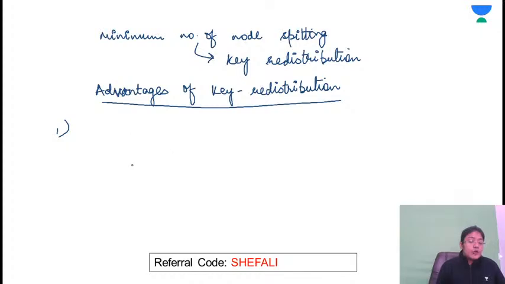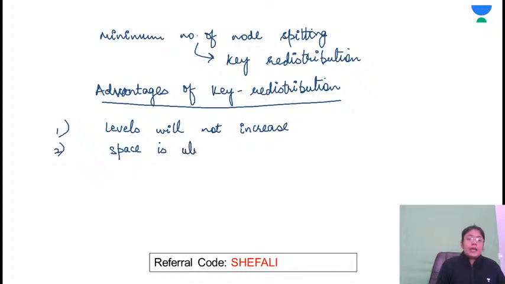What are the advantages of key redistribution? First of all, levels will not increase. Second thing is space is utilized efficiently. So these are the major advantages of key redistribution.